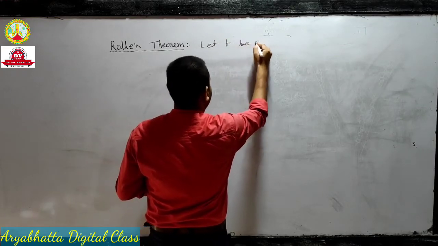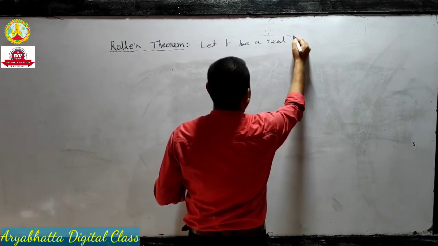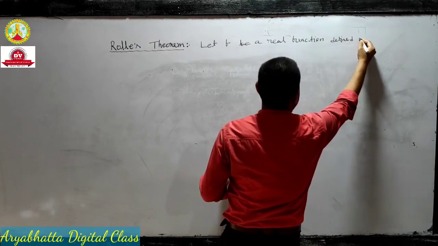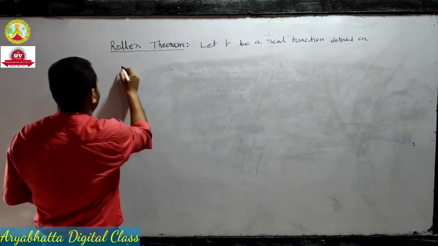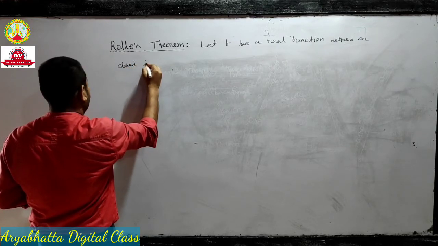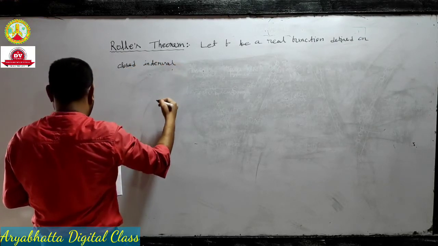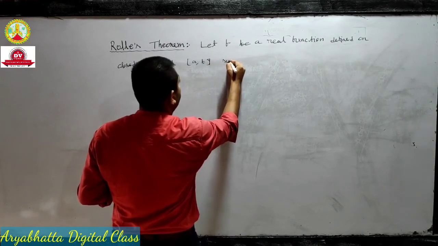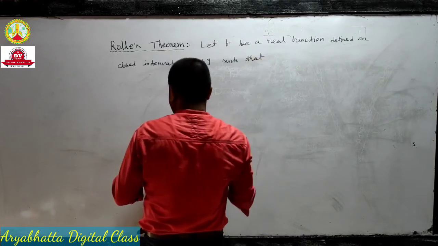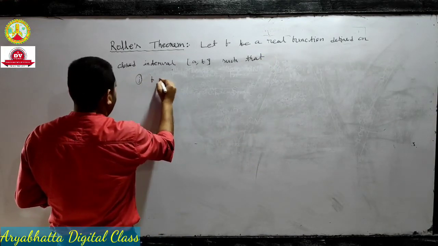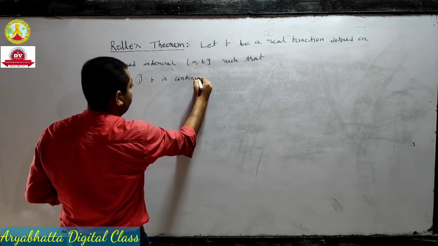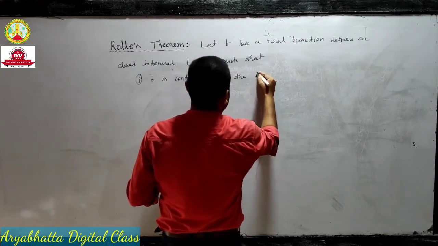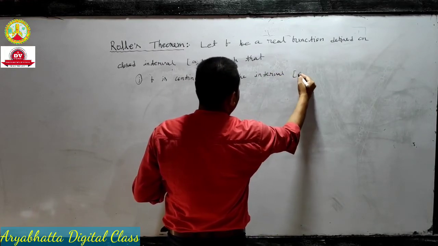Let f be a real function defined on closed interval a comma b such that number 1, f is continuous on the closed interval a, b.